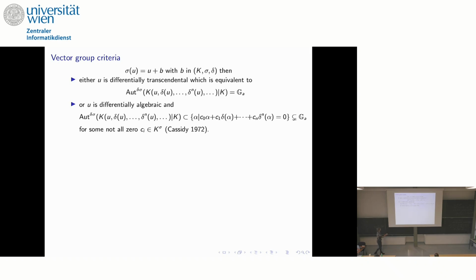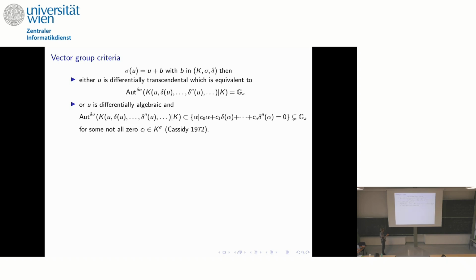And as I told you, for proper subgroups, the defining equations are just linear differential equations with constant coefficients. So this result is due to Phyllis Cassidy, but you can also see it as the fact that algebraic subgroups of vector groups are given by linear equations.